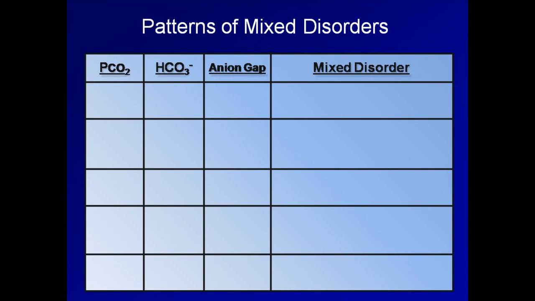Here is a chart that summarizes the PCO2, bicarb, and anion gap for the mixed disorders that we just saw can result in normal pH. If a patient has a normal pH but also a high PCO2, high bicarb, and normal anion gap, a respiratory acidosis and a metabolic alkalosis must both be present.